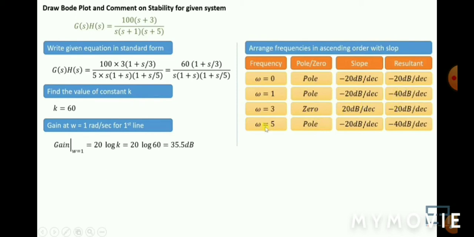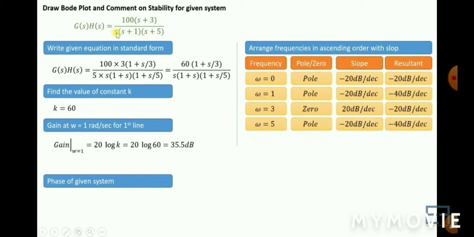Similarly, omega equals 3: previously minus 40, and for the zero plus 20, so minus 40 plus 20 becomes minus 20 decibel per decade. Then omega equals 5: previously minus 20, so it becomes minus 40 decibel per decade. So, this is the resultant magnitude plot.